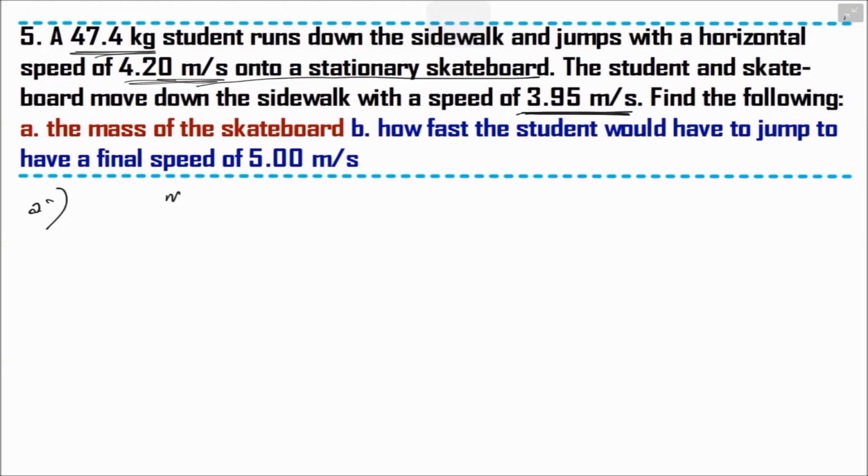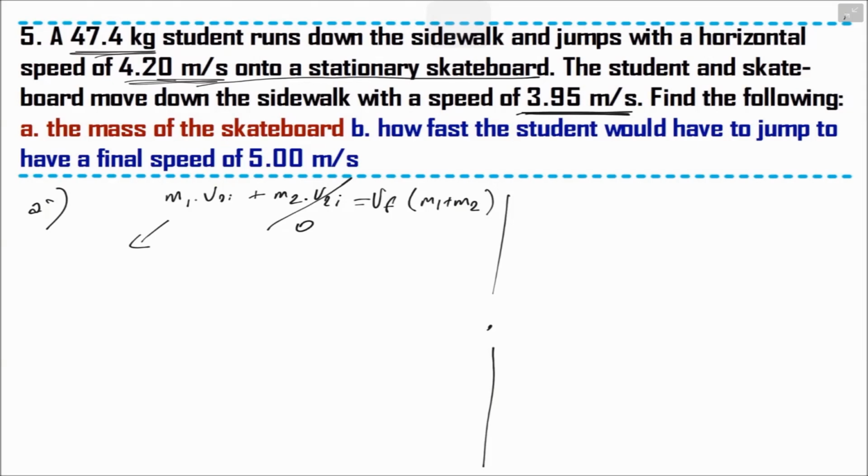Formula is m1 times v1 initial plus m2 times v2 initial, that's equal to v final times m1 plus m2. Let's keep this part for the B. So initial velocity of the skateboard is 0, so this will be 0. And mass of the student 47.4 times initial velocity of the student 4.2, that will be equal to v final times m1 plus m2.